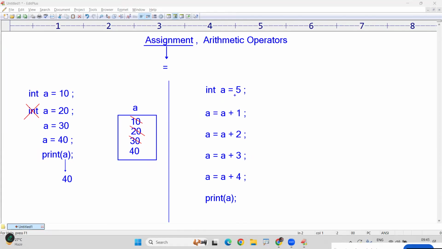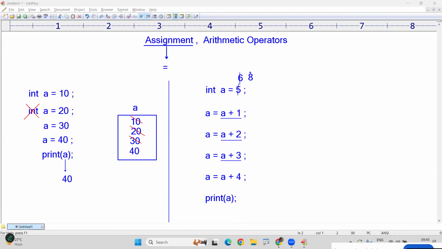Look at this, a value 5. 5 plus 1 is 6. Which variable will it be stored into is important. 5 plus 1, value 6, so a value 5 will be modified to 6. No more 5. Next, a plus 2. a value is 6 now. 6 plus 2 is 8.